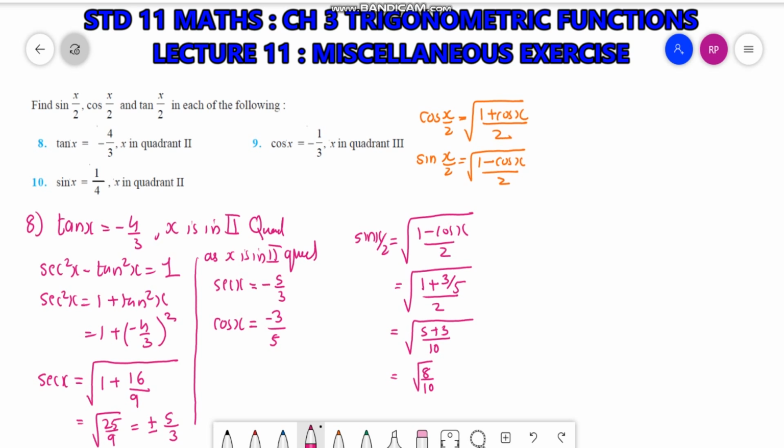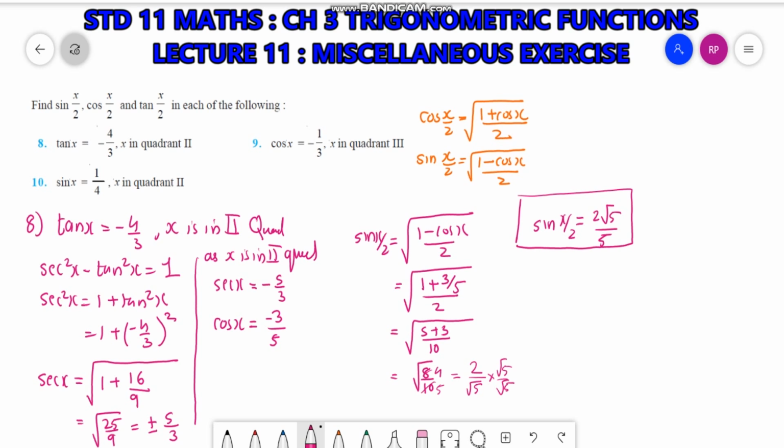Okay, so 2 5s are 10, 2 4s are 8, so I will get 2 by root 5. Okay, I will multiply by root 5, divide by root 5. So I get sin x by 2 is equal to 2 root 5 upon 5.